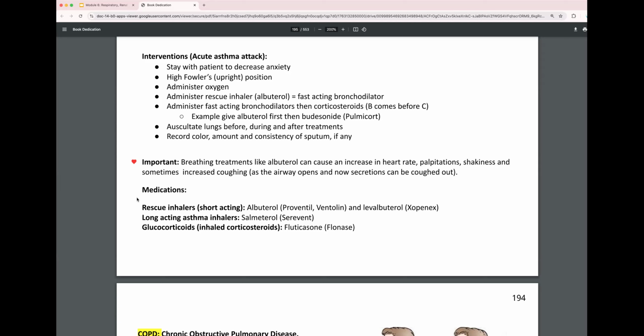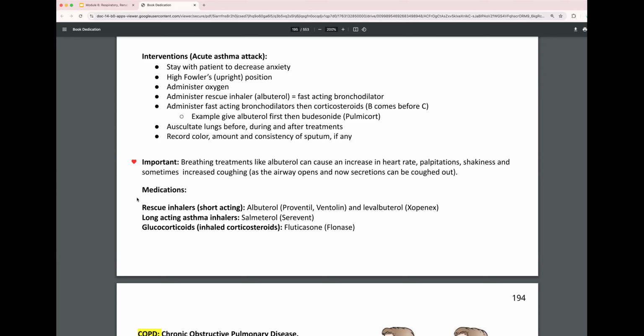Albuterol is a bronchodilator, it's going to open the airways up, and a natural effect it's going to have on the heart is to increase heart rate. It's also going to increase tremors, so hands are going to shake. The patient might feel palpitations. This is normal. It will go away rather quickly. And also, make sure you know it's going to increase coughing.